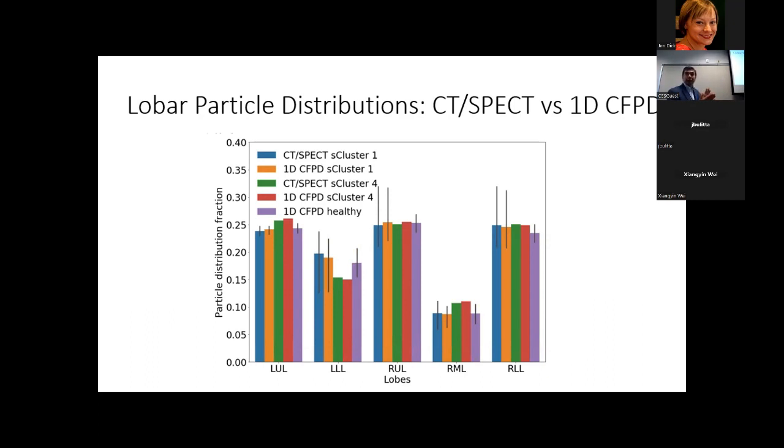The agreement between them is pretty good. However, if you compare simple cluster 1 and simple cluster 4, you can see the differences, especially on the left upper lobe, left lower lobe. You can see the change in distributions. And so is the right middle lobe. So you can see how sensitive our 1D CFD model is and how the distributions change due to the lung severities.